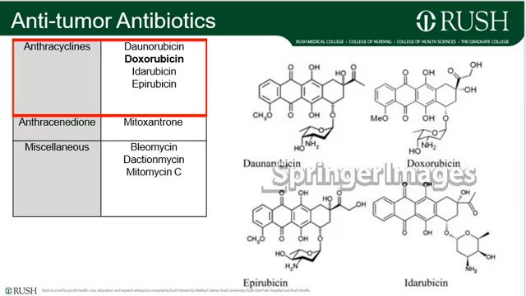So these anti-tumor antibiotics can be subdivided based on their chemical structures. The ones we're going to talk about are the anthracycline antibiotics, which include daunorubicin as well as doxorubicin.